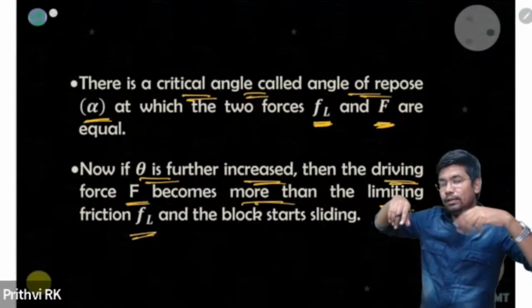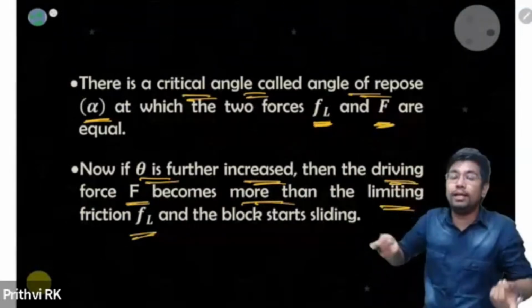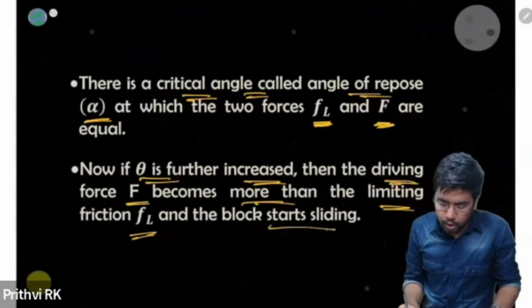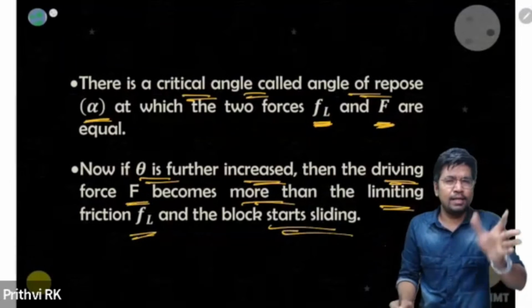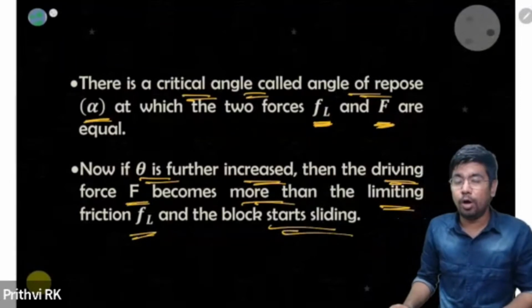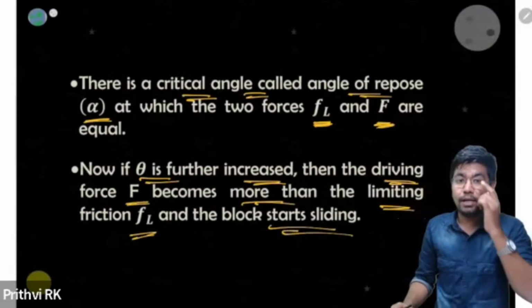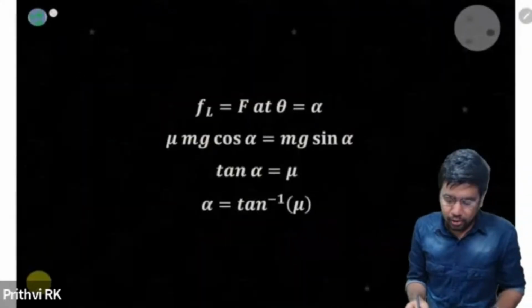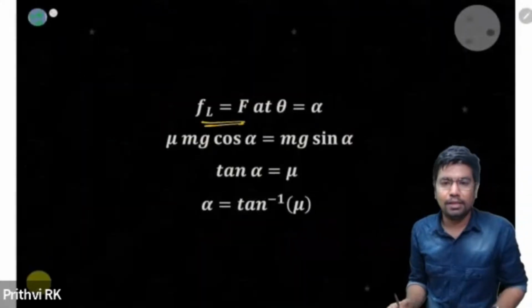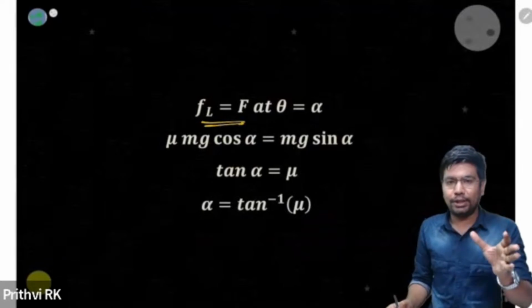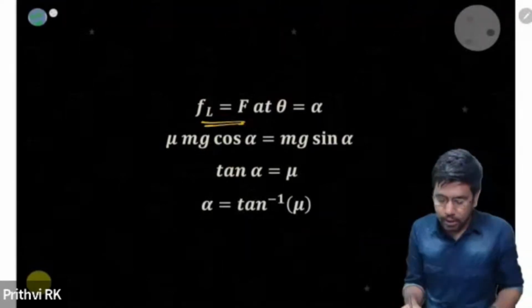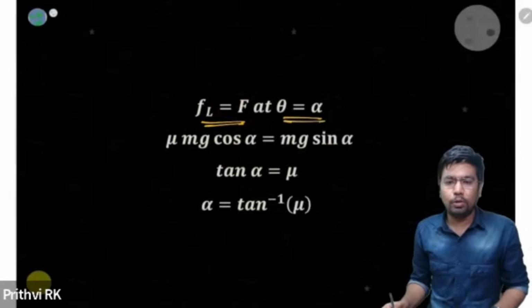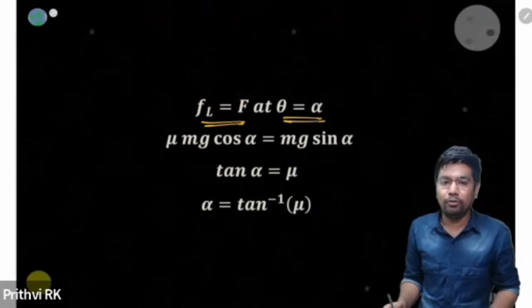So when the downward force increases more than the upward force, the block starts to slide. So when FL and F, the force due to friction and the pulling force, are equal, theta's value will be equal to alpha.